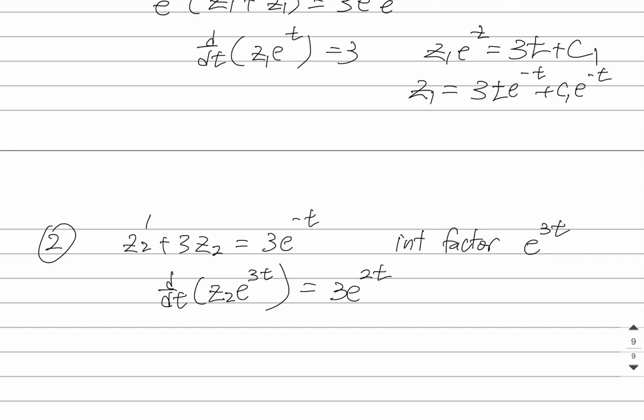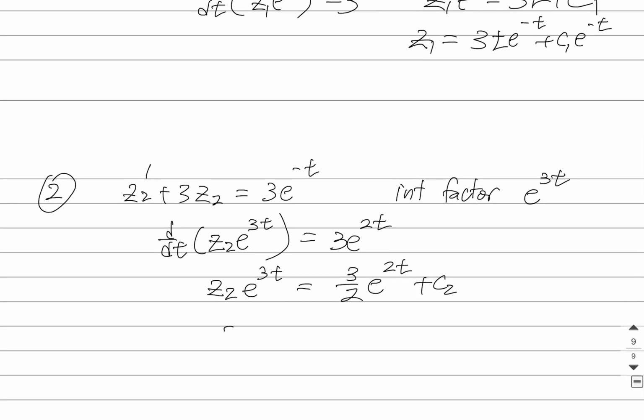So if we multiply both sides by the integrating factor, it's going to turn into the following there. And integrating this, we'll find that z2 e to the 3t is going to give us 3 halves e to the 2t plus c2. And that means that z2 will be 3 halves e to the minus t plus c2 e to the minus 3t.